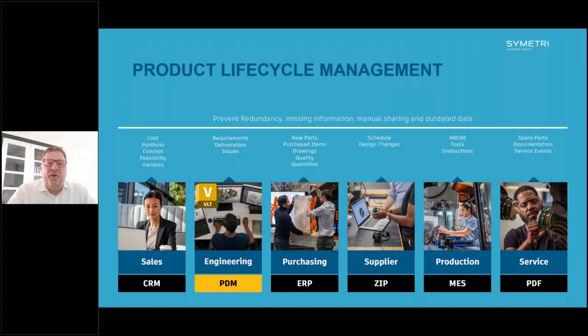And so that's where product lifecycle management comes in. Collaboration and data management for coordinating all the departments is typically only possible with another system, a PLM system. PLM looks at product data holistically, not just from an engineering perspective, or any other department for that matter. It's from the business's point of view.